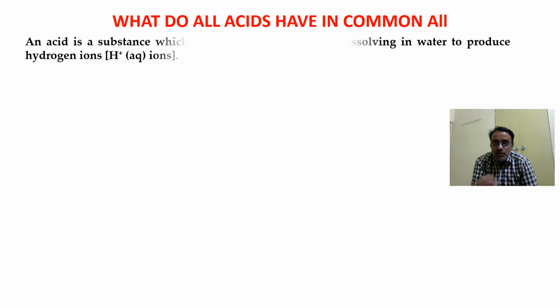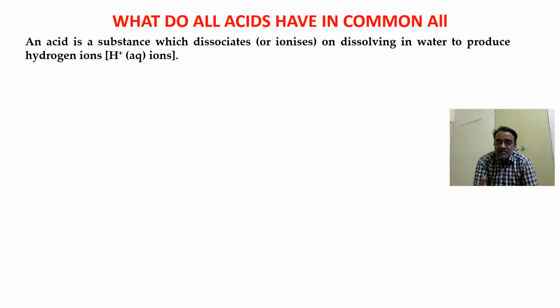Okay, so this is a very very important property of acid, that an acid is a substance which dissociates or ionizes on dissolving in water to produce hydrogen ions, that is H plus ions. For example, if an aqueous solution of hydrochloric acid ionizes, it forms hydrogen ions along with chloride ion.